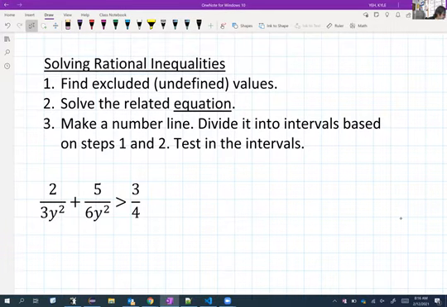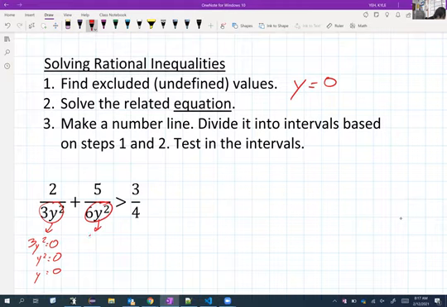Looking at this, where would we get an undefined? Well, anywhere that 3y squared equals 0, so y squared equals 0, so y equals 0 is undefined. Anywhere 6y squared equals 0, y squared equals 0, so y is 0.